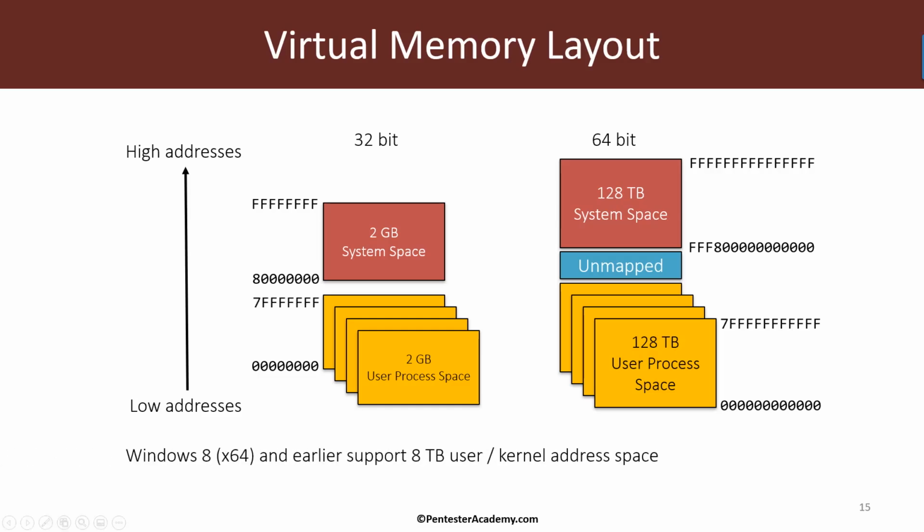I will say that on Windows 8 and earlier versions for 64-bit, the address space supported is only 8 terabytes for user and kernel space. And the reason for that has to do with an implementation detail in Windows, which was fixed later in Windows 8.1. So that's the values we get today.